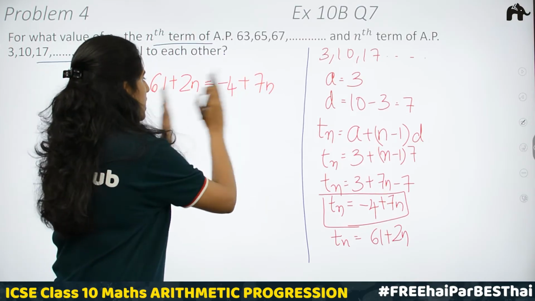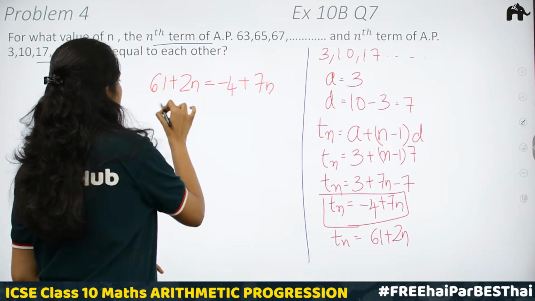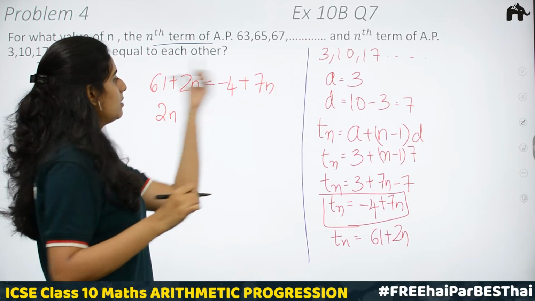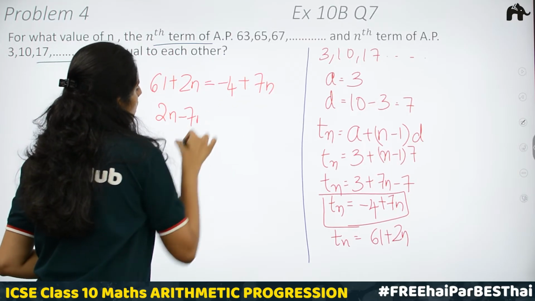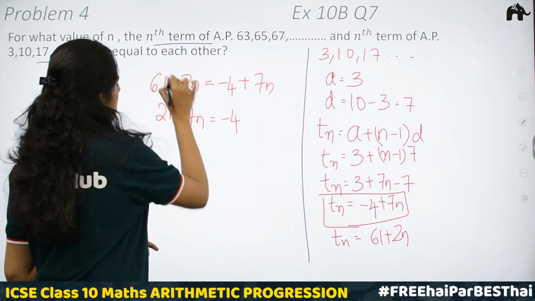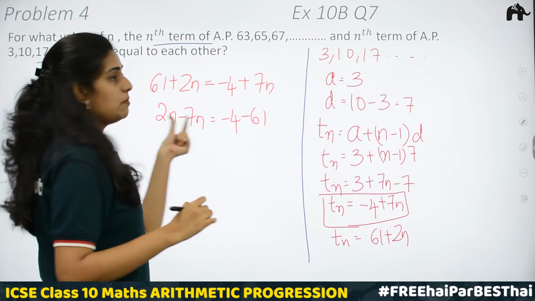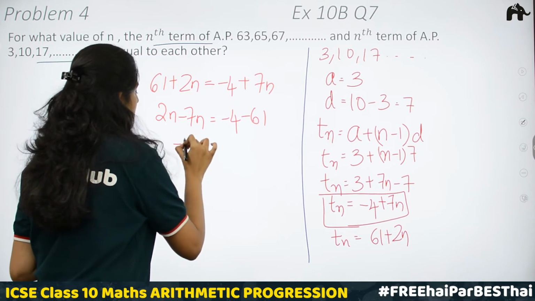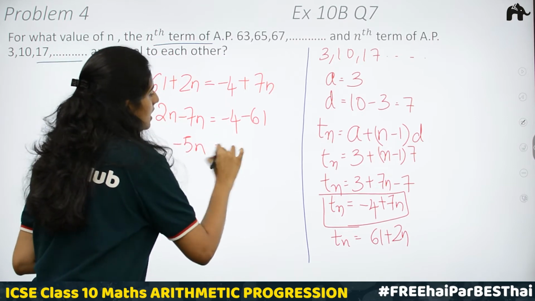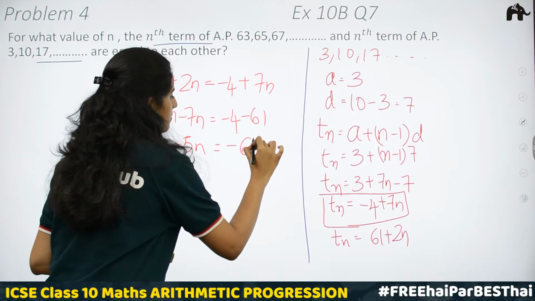Taking all the variable containing terms to one side and constant to the opposite side, we get 2n minus 7n is equal to minus 4, 61 taken to the opposite side, minus 61. 2n minus 7n, that is minus 5n, is equal to minus 4 minus 61, minus 65.